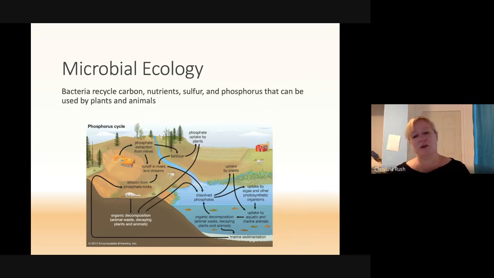Microbial ecology. We are going to have 2 big chapters on this later, but basically, microbial ecology is defined as when you have bacteria recycling carbon, nutrients, sulfur, and phosphorus. And then these can be used by plants and animals. They don't have nitrogen on here, but I think they mean that through nutrients.